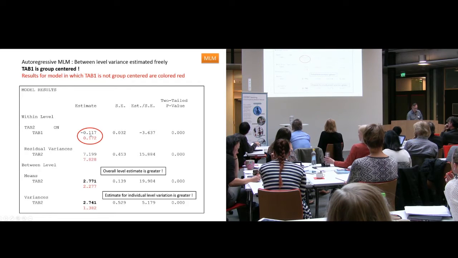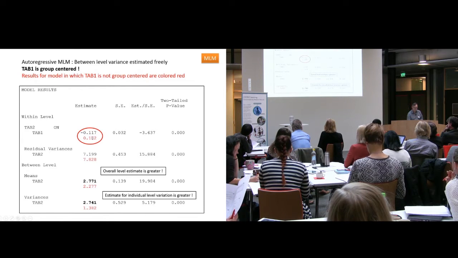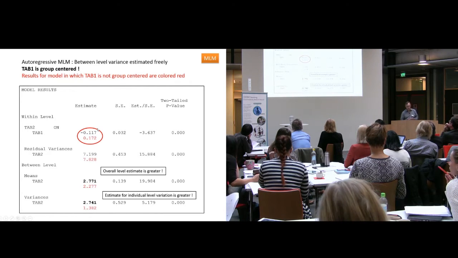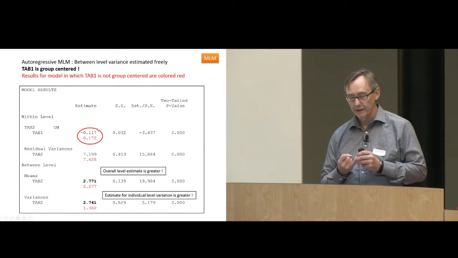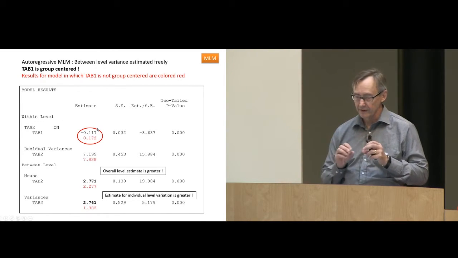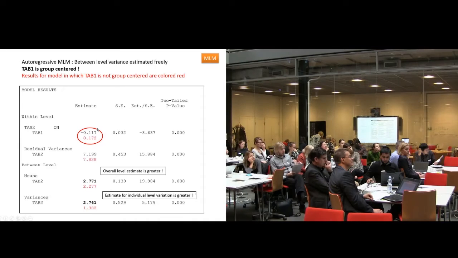Now you can see that the estimate changes totally. It's now minus 0.11. And these three models show you that when you use centering or define the model differently, there is an impact on the estimates. All estimates are true, but the interpretation changes.